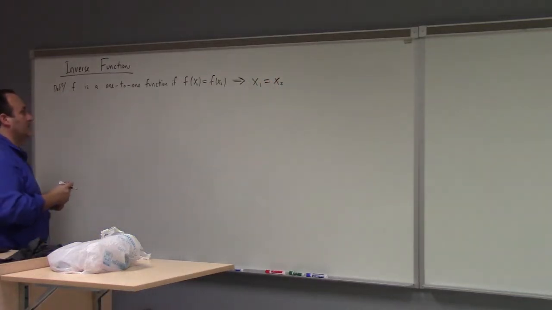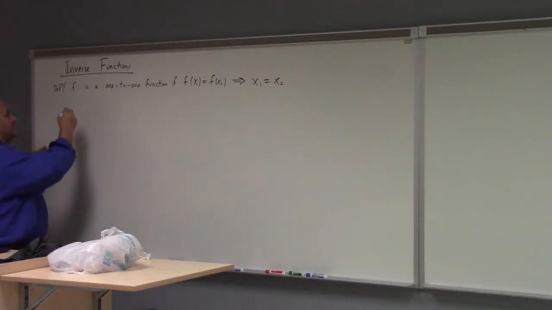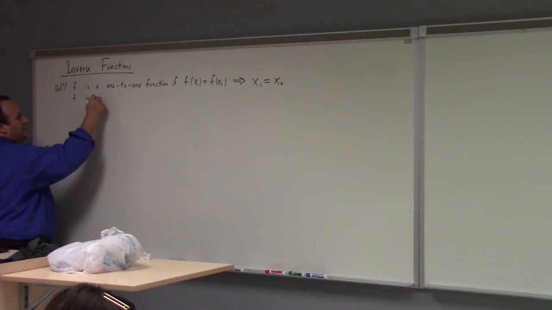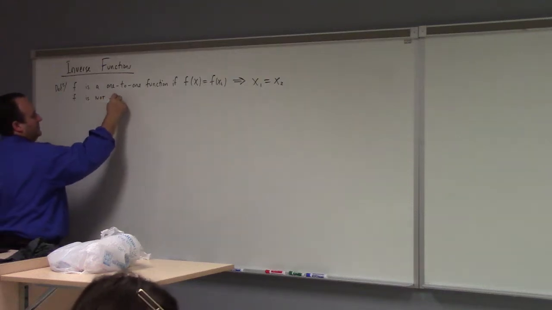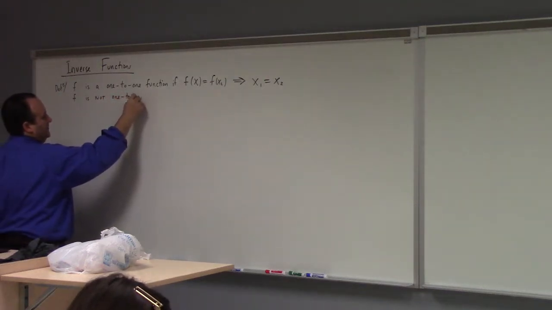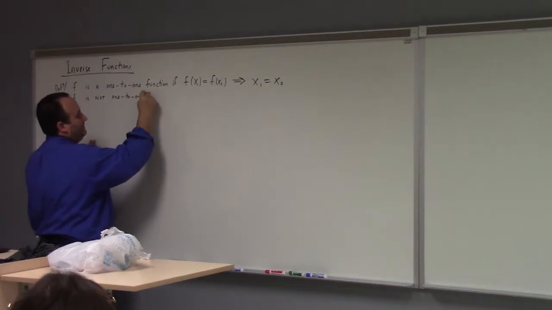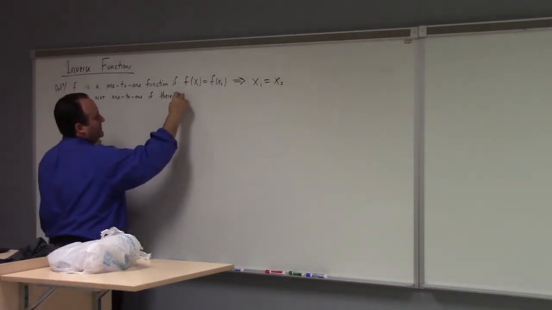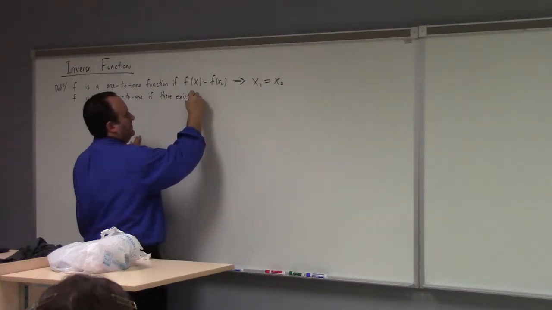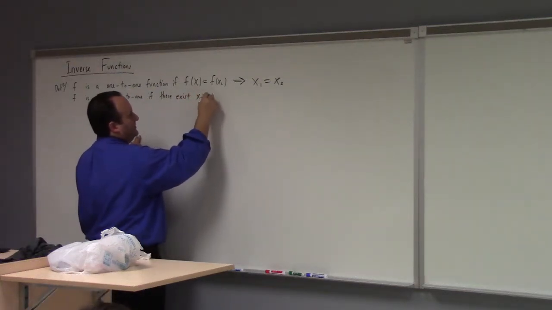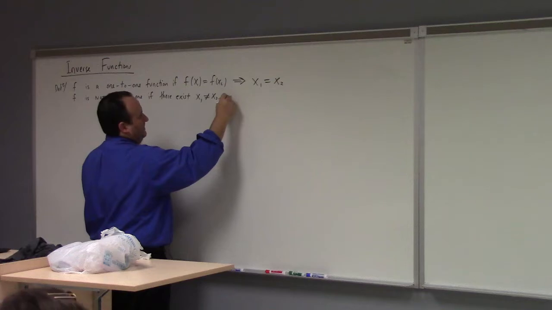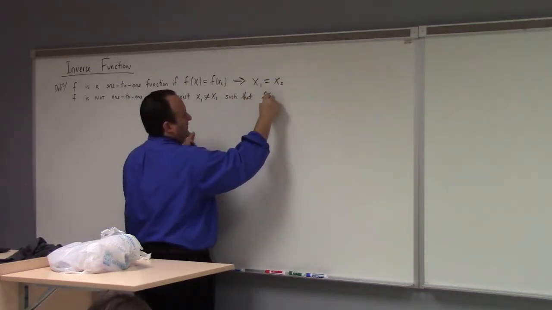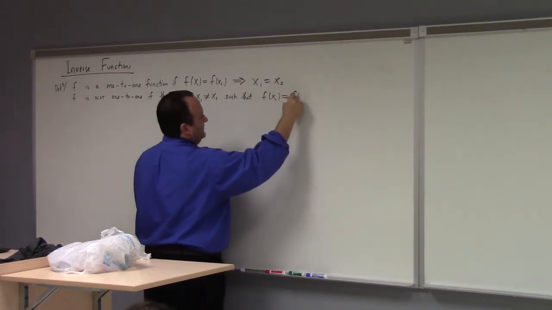All right. We could also say this. f is not one-to-one if there exists x1 not equal to x2 such that f of x1 equals f of x2.